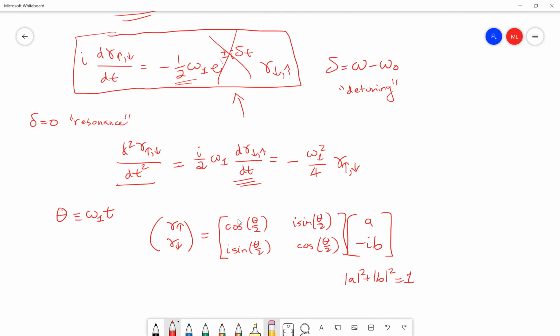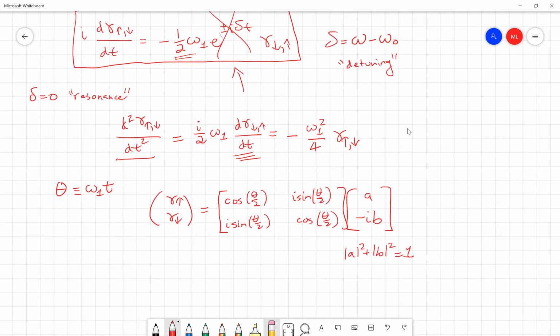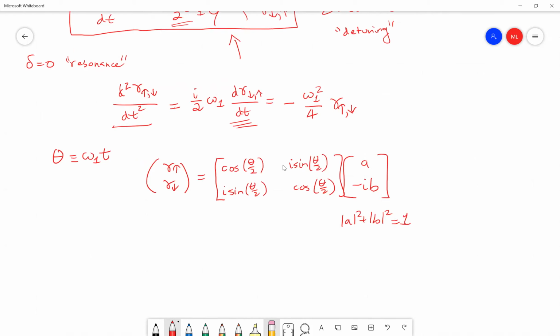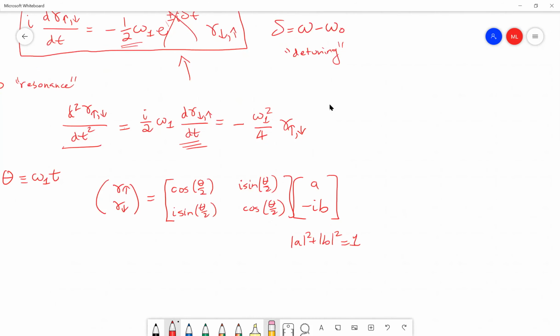So you see, we just wrote it in this way, but the solutions are just cosines and sines of omega 1 t over 2, right? That's what this tells you. You just get complex exponentials, right? The fundamental solutions are e to the plus or minus i omega 1 t over 2. So any linear combinations of those work.